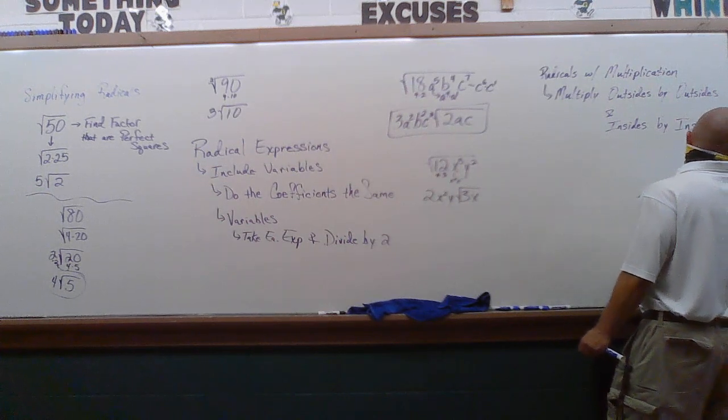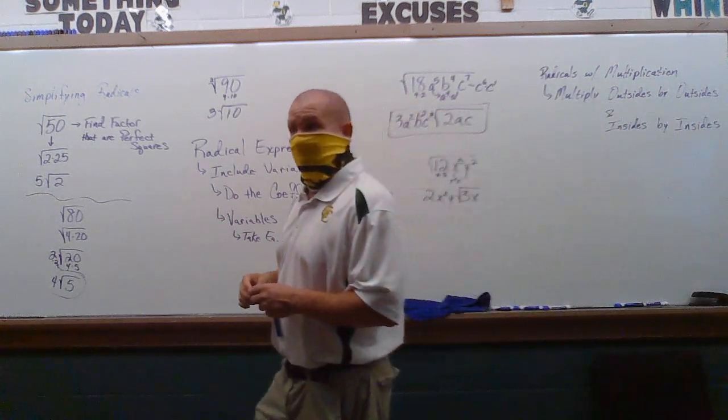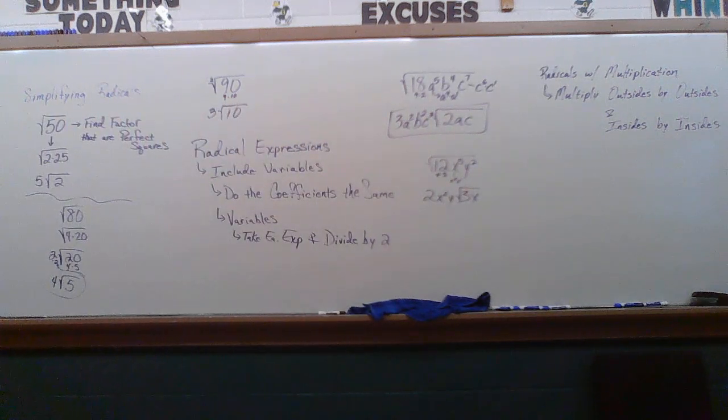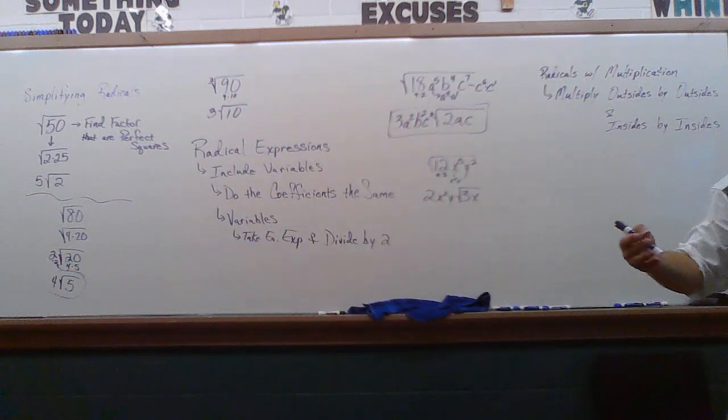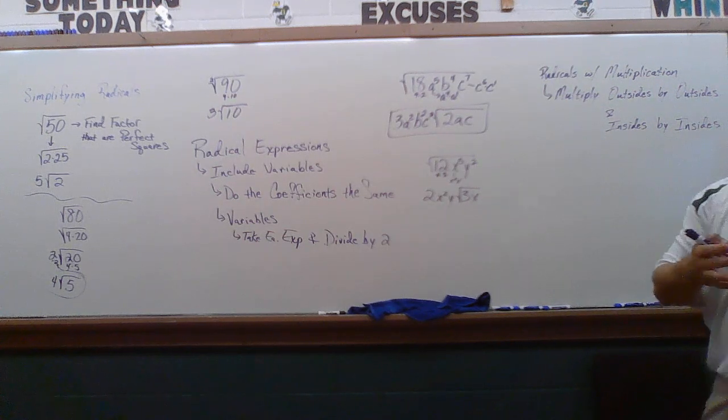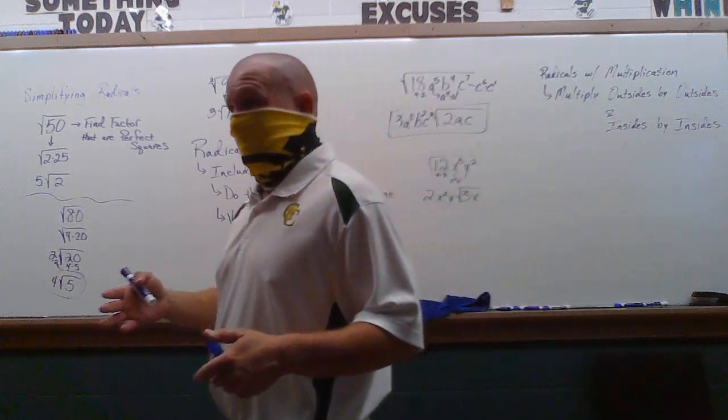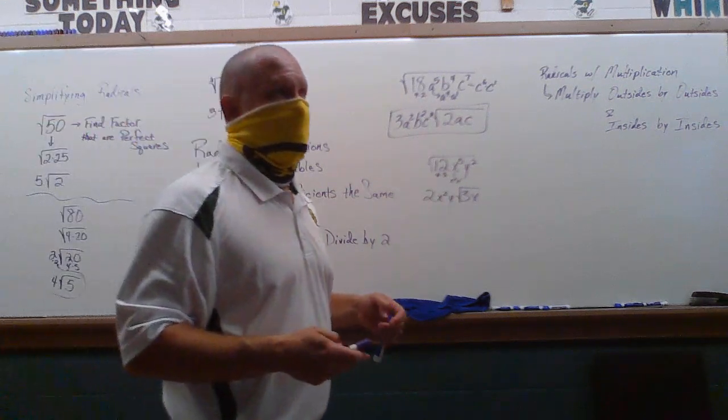Now what I'm talking about here is the numbers with respect to the radical sign. So the numbers that are on the outside of the radical and the numbers that are on the inside of the radical. I can never multiply across the radical bar. Okay? So it's always the outsides by the outsides and the insides by the insides.